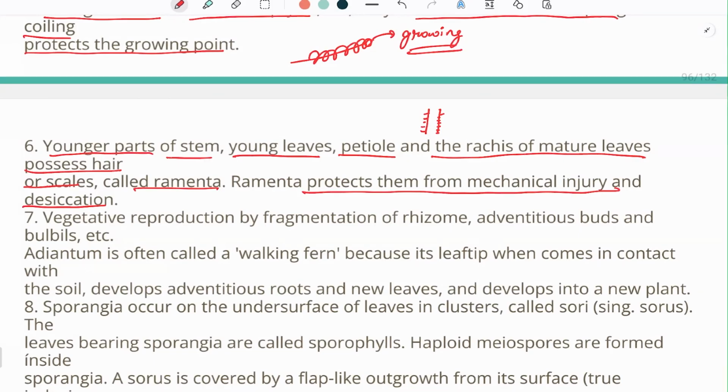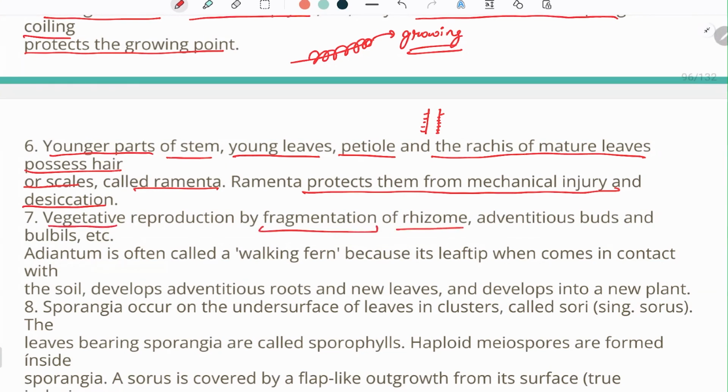Any growth present on plants is usually protective in nature. So this ramenta is also a protective, hairy-like structure which prevents the plant from desiccation.